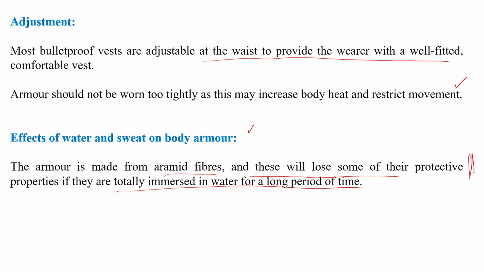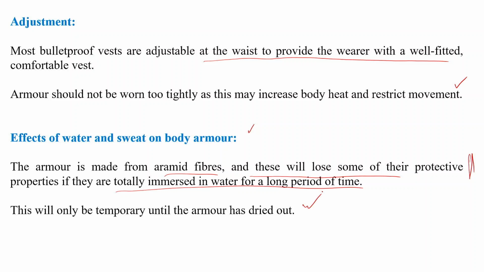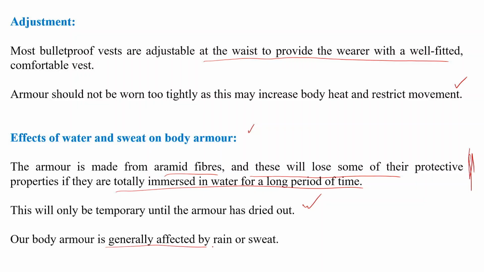We have to watch for that, and this will only be temporary until the armor is dried again. So in wet condition, the protective properties deteriorate, and body armor is generally affected by rain or sweat.